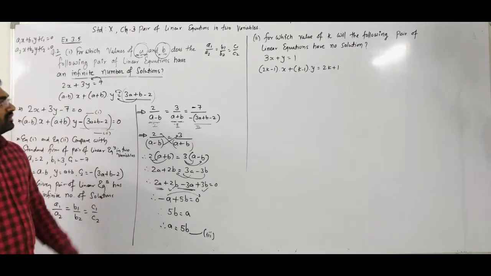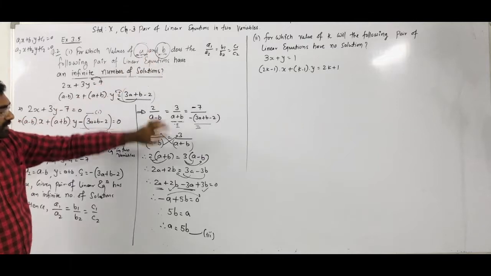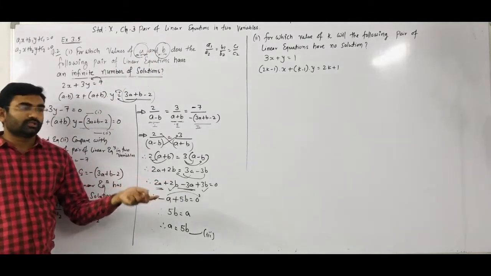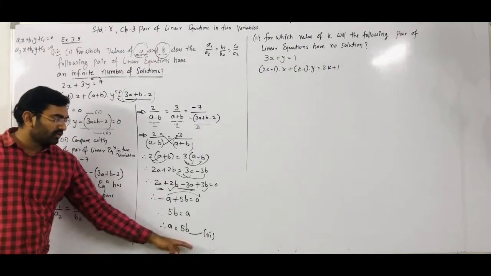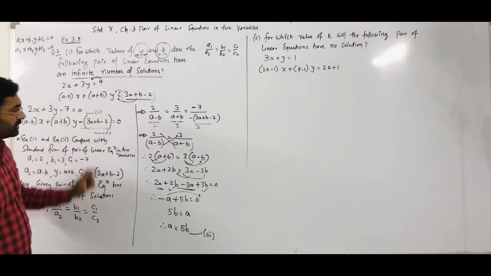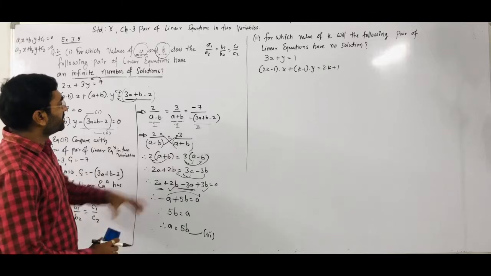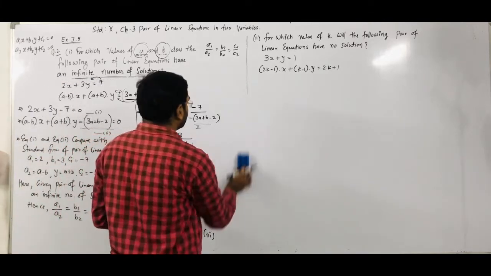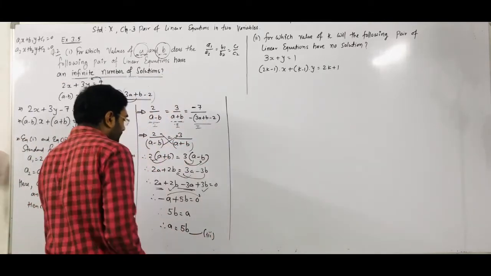As I told you, for finding out the two unknown values, we have to make two equations. And this a = 5b is our third equation, because 1 and 2 I have already given here. Okay. Now we have to compare the second and third one. So here I mention the second and third one. We compare here.